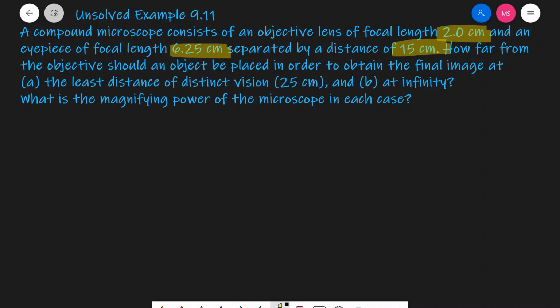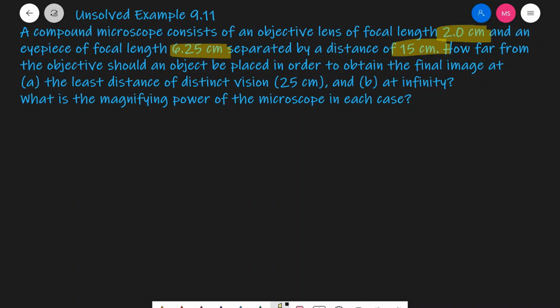Now we have to find the object distance for two different cases. The first is when the image is formed at the near point, and the second is for the image formed at infinity. We also have to find the magnifying power of the microscope in each case.